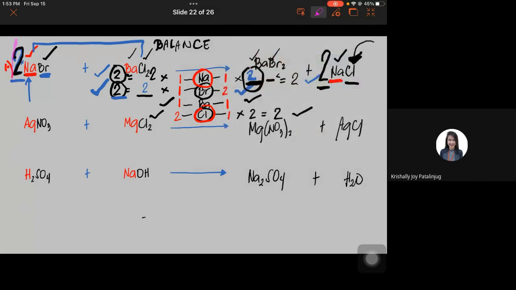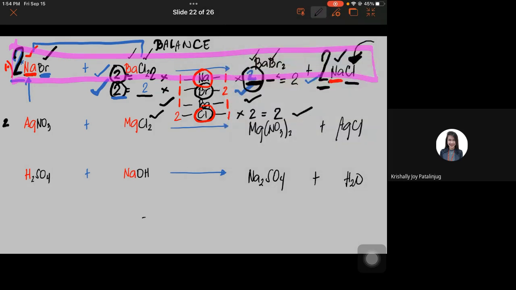So let me enclose in a box the balanced chemical equation. So you need 2 moles of sodium bromide to be reacted to barium chloride, producing barium bromide and 2 moles of sodium chloride. So that's the balanced equation.